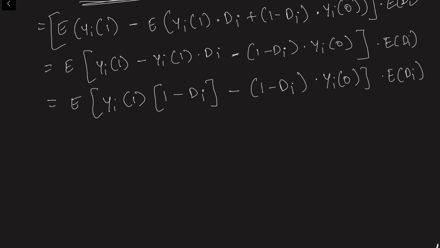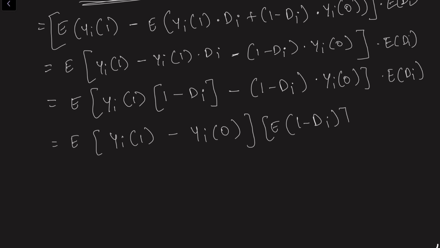Okay, now I can take 1 minus di outside. So it can be expectation of yi of 1 minus yi of 0 times expectation of 1 minus di times expectation of di.